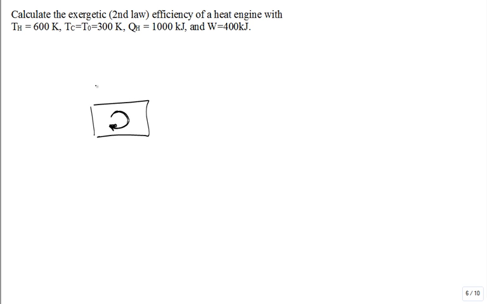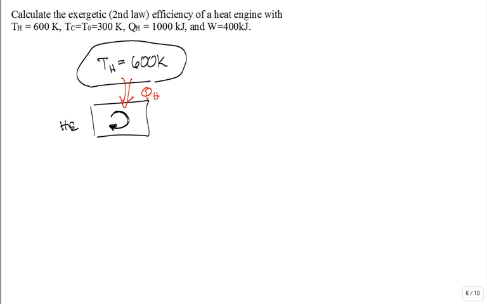As it's operating in a cycle, this heat engine takes in from a large thermal reservoir, that's a high temperature thermal reservoir, in this problem is 600 Kelvin, it takes in some heat, Q sub H. The goal of that heat engine is to convert as much of that Q sub H into useful work.